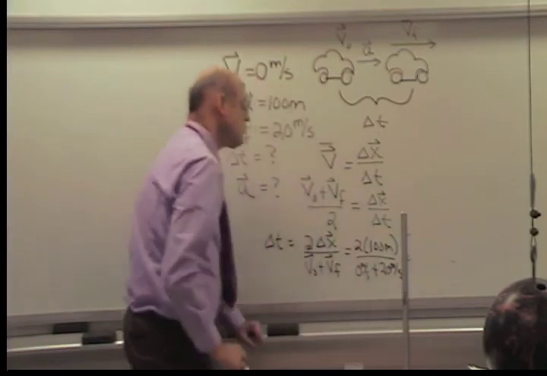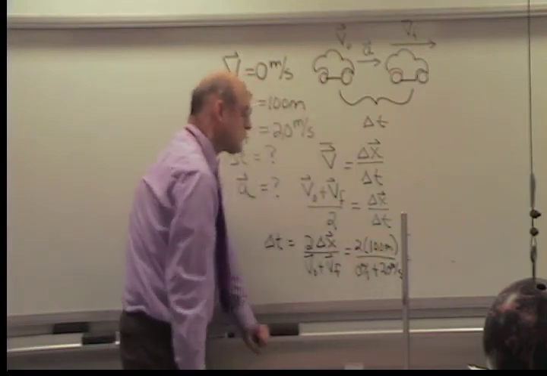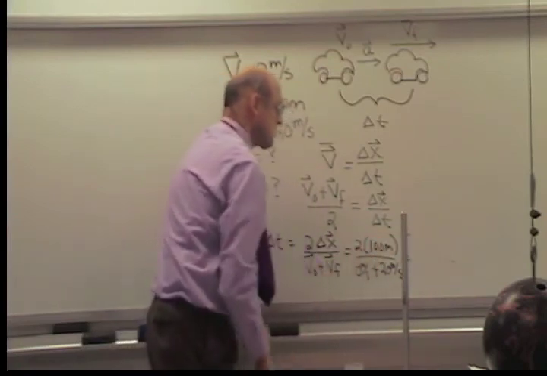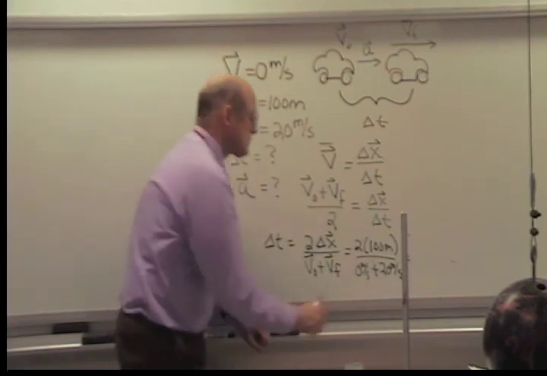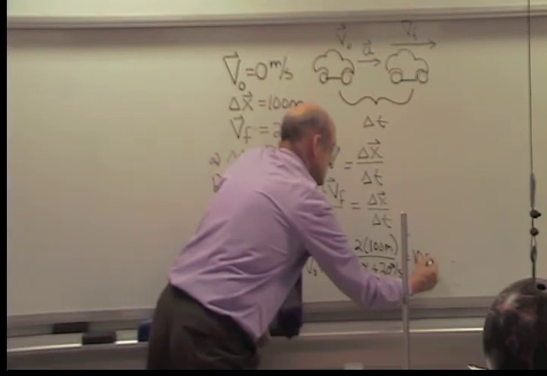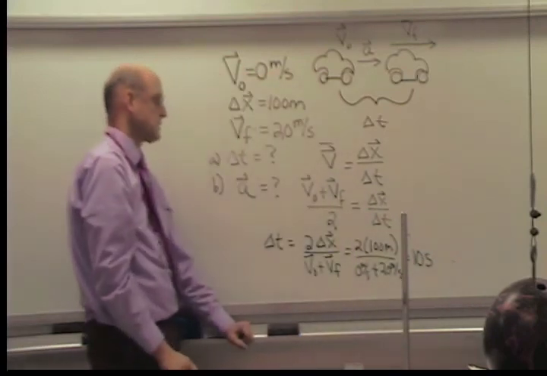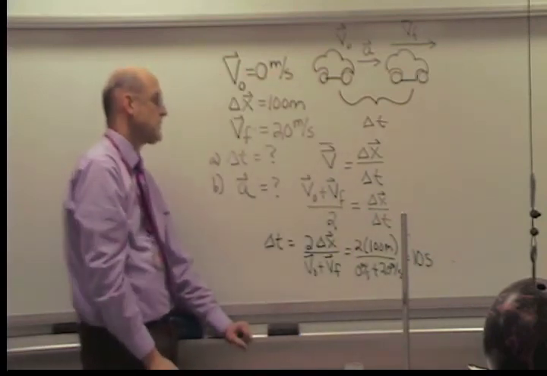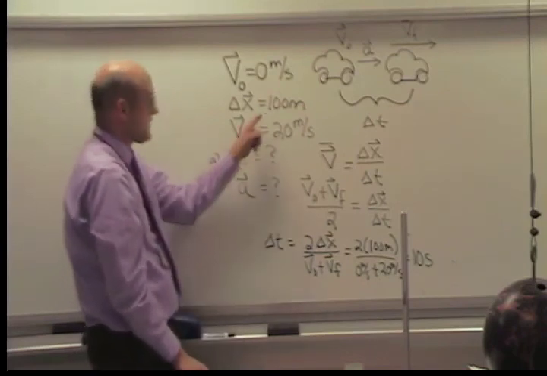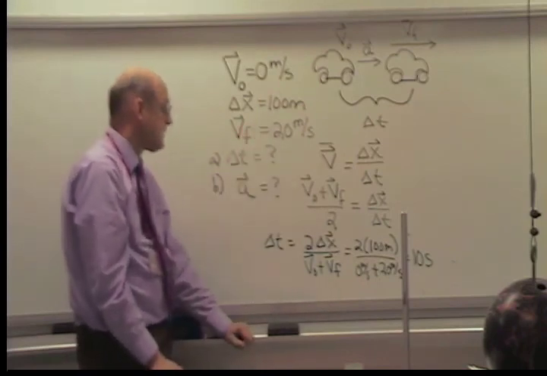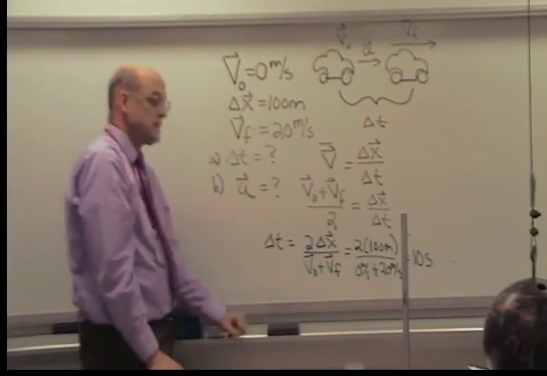So we get 200 meters in the numerator and 20 meters per second in the denominator. So that's equal to 10 seconds. So it takes the car 10 seconds to undergo a displacement of 100 meters.